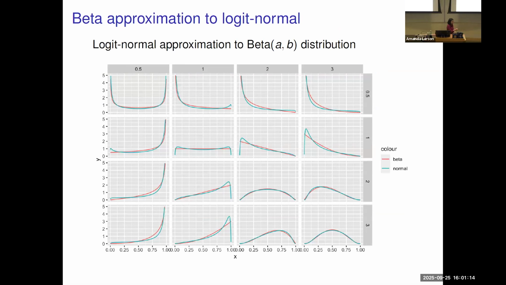It turned out there's another, older paper showing that the beta distribution does a great job approximating the logit-normal. You can see that for every possible logit-normal distribution, you can find a beta to do this pretty well. And nicely, there's a closed form of this approximation.